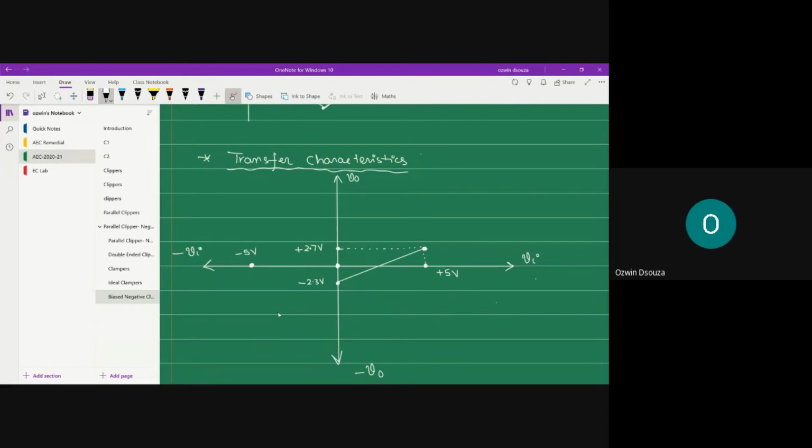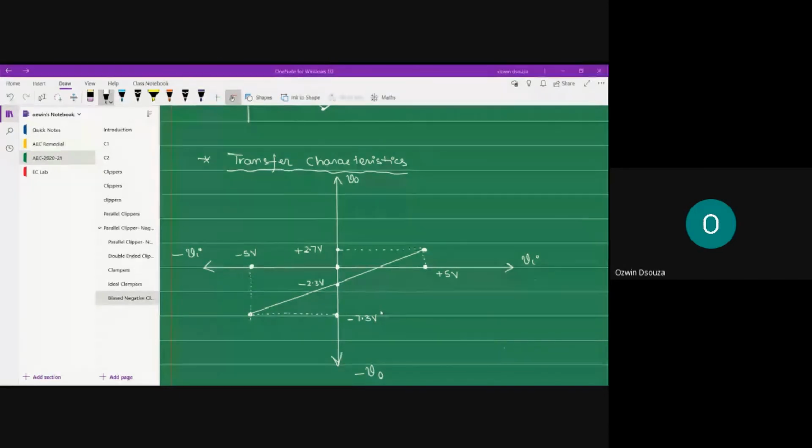Minus 7.3 volts. So for minus 7.3, you can probably draw something like this, somewhere here. So this is minus 7.3 volts. Fine, so this is your transfer characteristics.